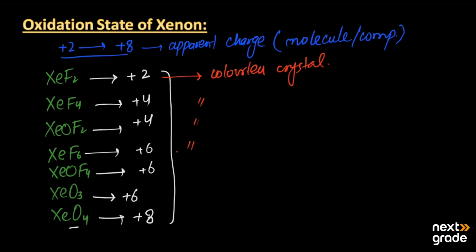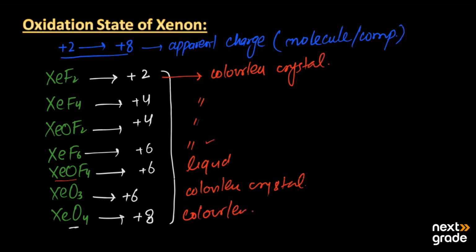Then xenon oxygen tetrafluoride is in the form of a colorless liquid. Xenon trioxide is in the form of colorless crystals. And the last one, xenon tetroxide, is in the form of a colorless gas.